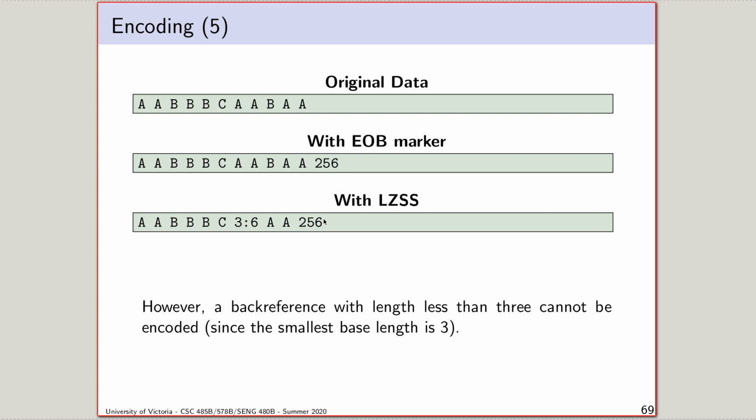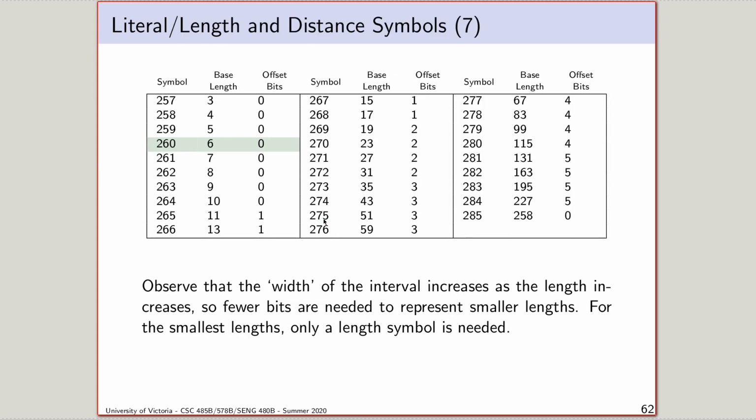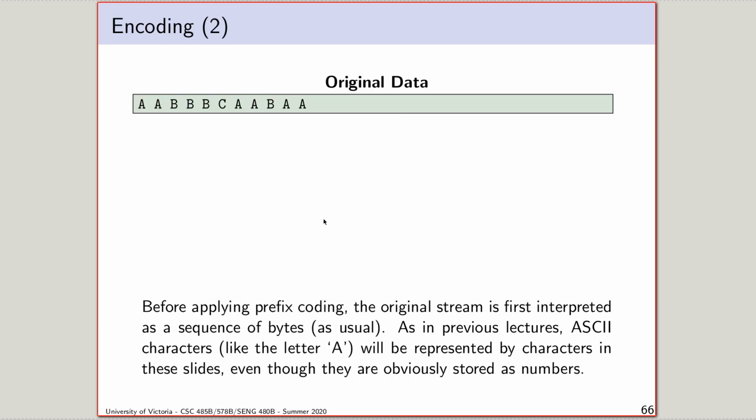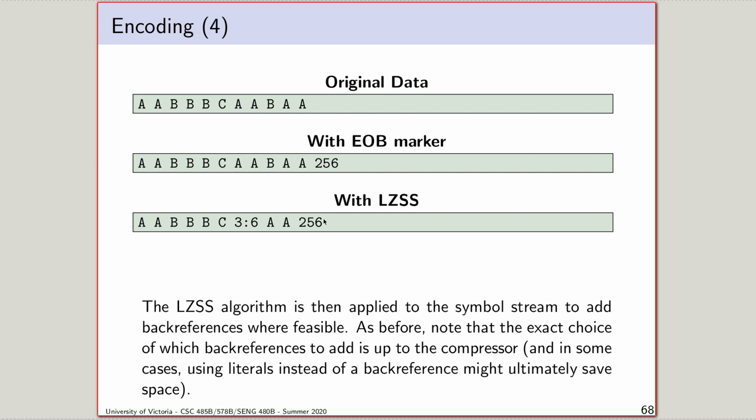It is worth considering, and we can see this, it's dictated: we can't encode back references of length less than 3 because there's no length symbol for it. So that's one choice we don't get. And we saw LZSS doesn't like back references of short lengths anyway. Basically, it's easier to encode 2 literals than it is to encode a back reference of length 2.